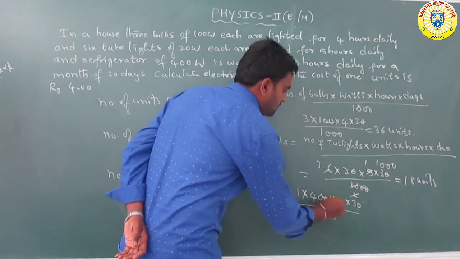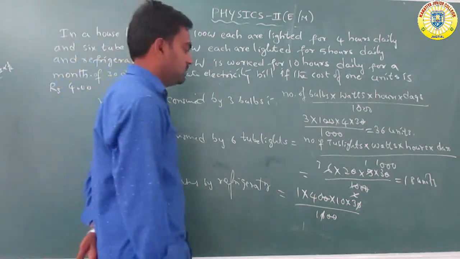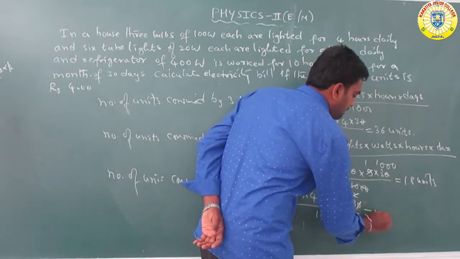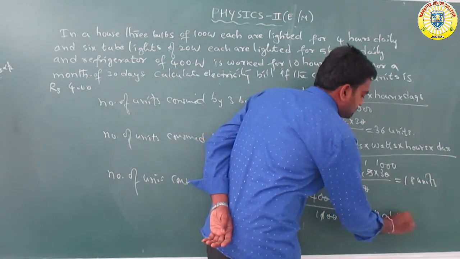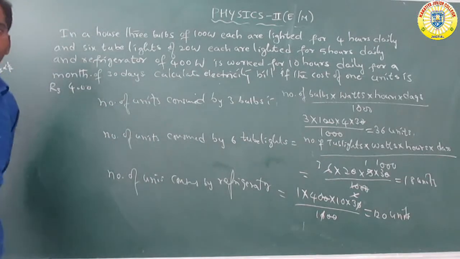So the 100s cancel. So 4 ones are 4, 4 threes are 12. So 120 units consumption.